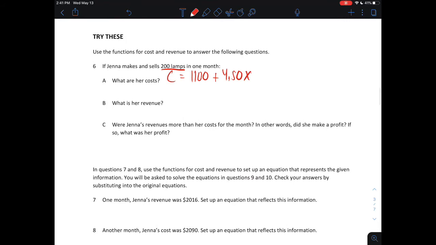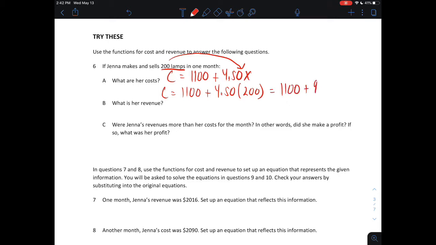So the 200 would go in for the x. So the cost would be 1100 plus 4.50 times 200. You can type it in like this into your calculator, 1100 plus 4.50 times 200. Your calculator knows the order of operations, but you could also multiply 450 times 200 first, and then add that to 1100.